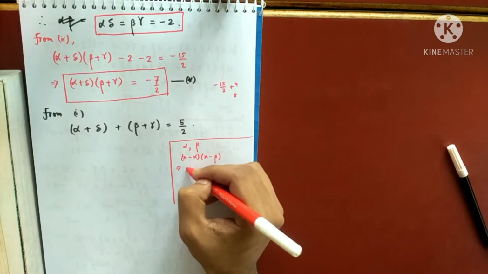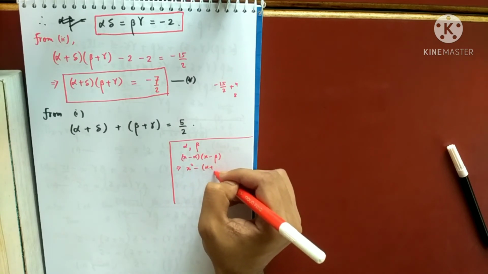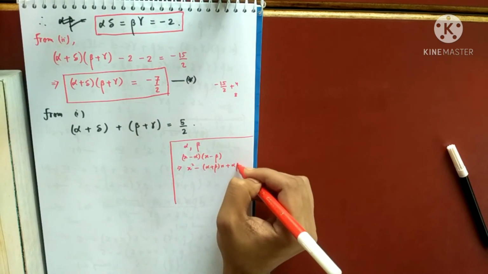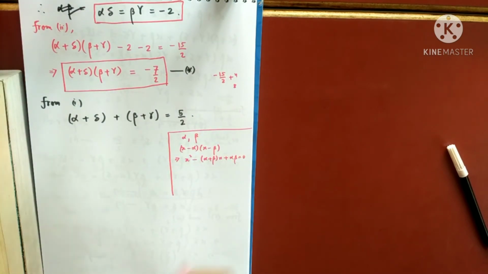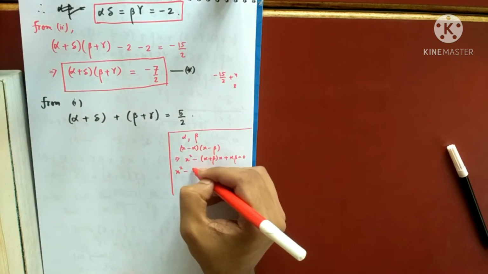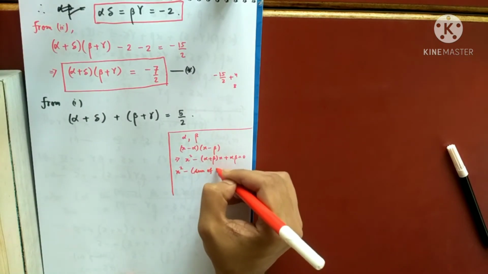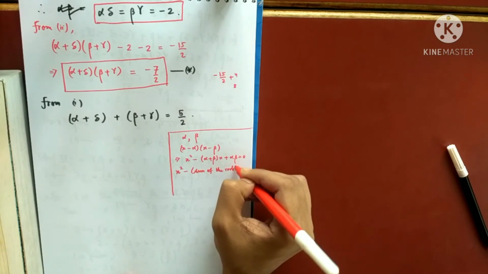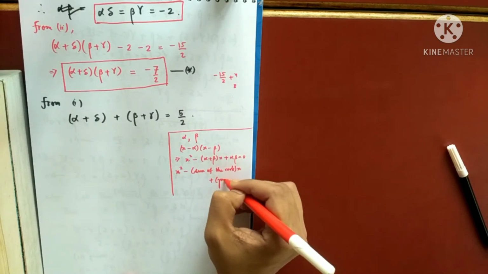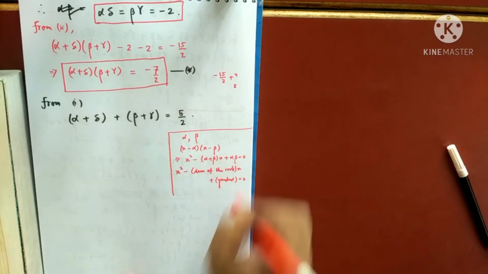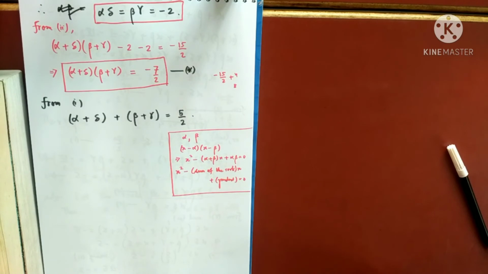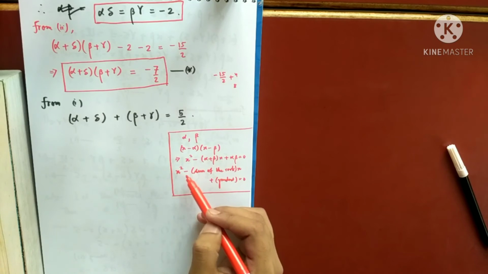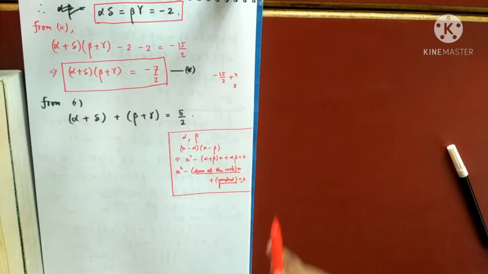So x square minus sum of the roots times x plus product of the roots equals 0. So when alpha and beta are the roots of some quadratic, the quadratic can be written as x square minus sum of the roots x plus product of the roots equals 0.